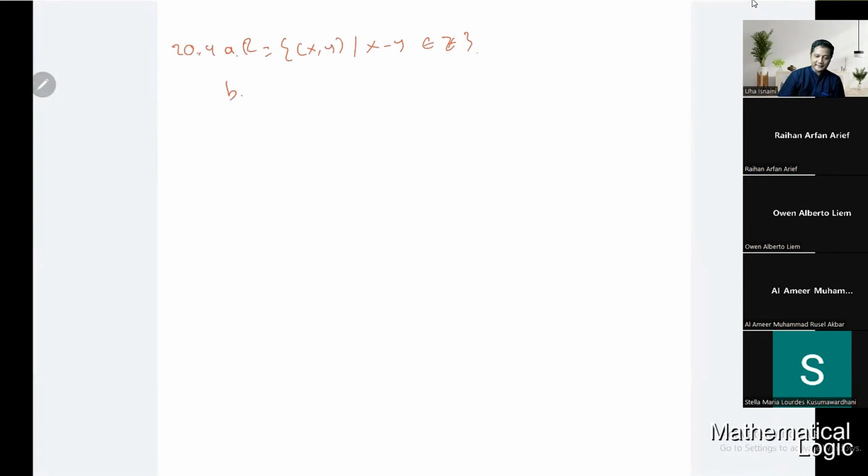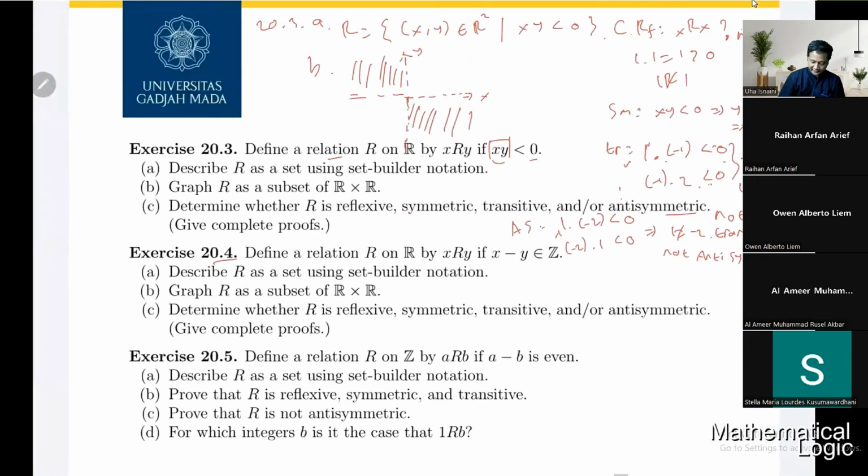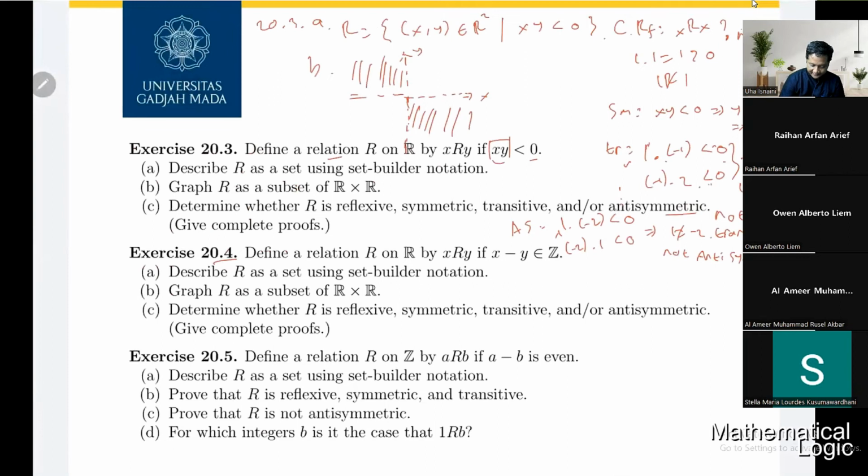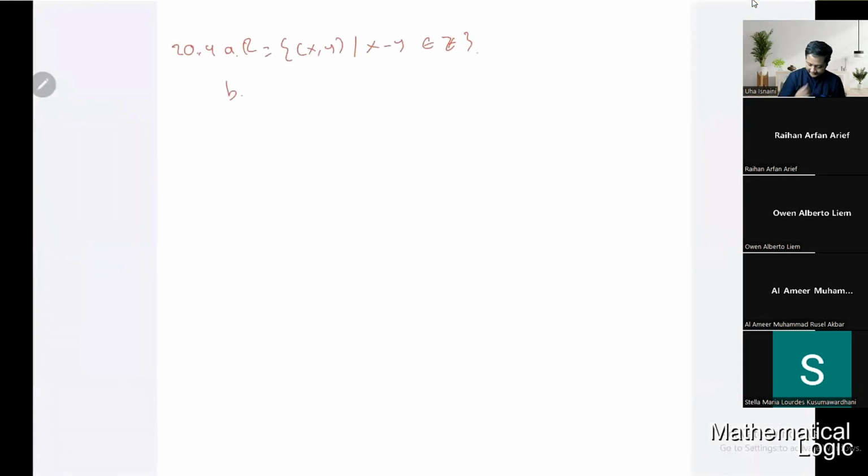When you have integers, this one is difficult to draw, I don't know why they asked to draw it. But when you have x in Z and y also in Z, x minus y will be in Z, right? So every pair of integers will be included.